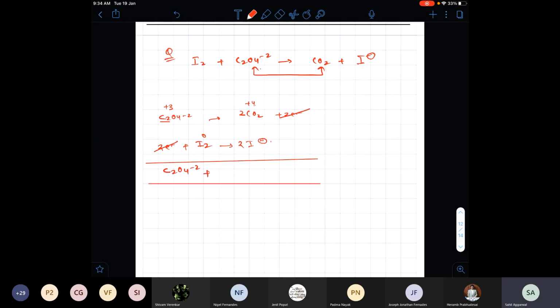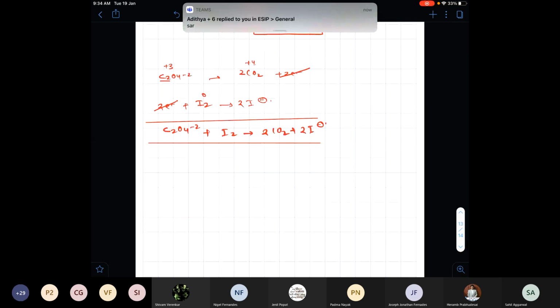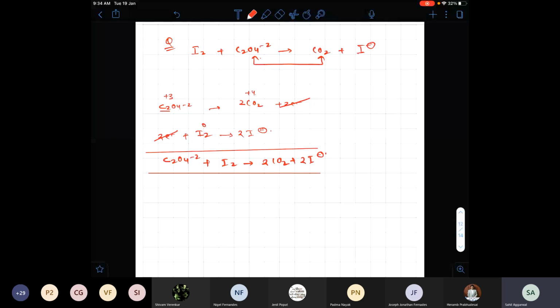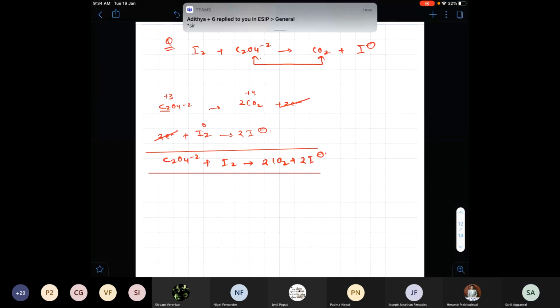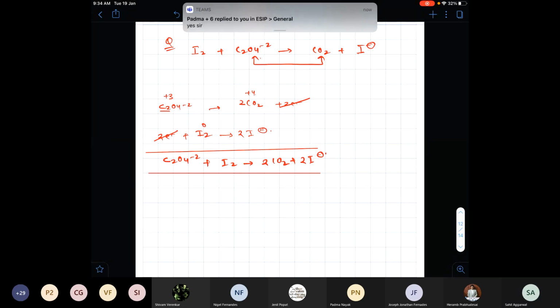Main equations will not have the electrons. Understood? Any doubt in this?